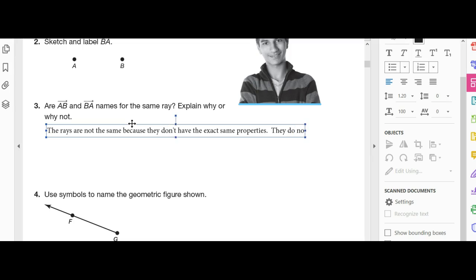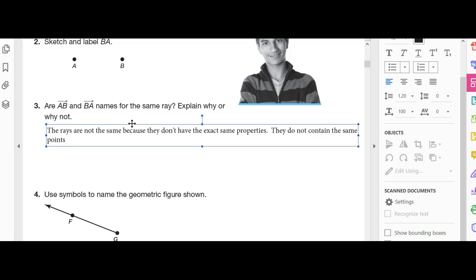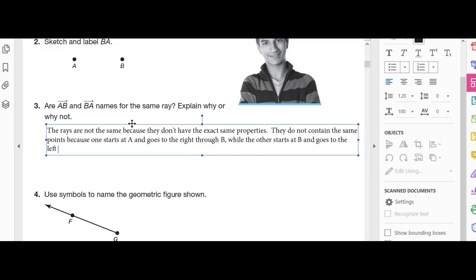They do not contain the same points because one starts at A and goes to the right through B, while the other starts at B and goes to the left through A. So they're not the same.